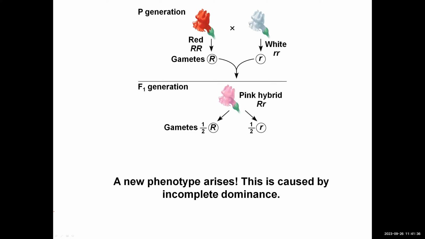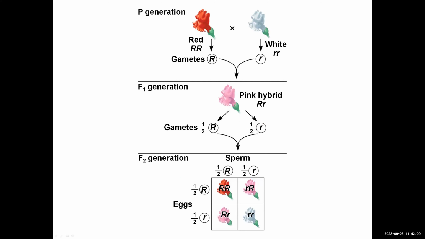When new colors or new phenotypes arise, this is caused usually by something called incomplete dominance. Incomplete dominance happens when one copy of an allele is not enough to give the original phenotype. In this situation, we can see it come back when we do the cross with the F1s. We still get 4 outcomes, but this time all of the heterozygous individuals look different.